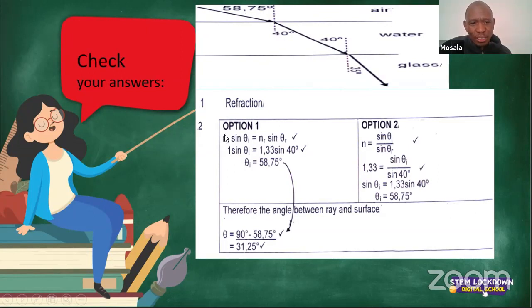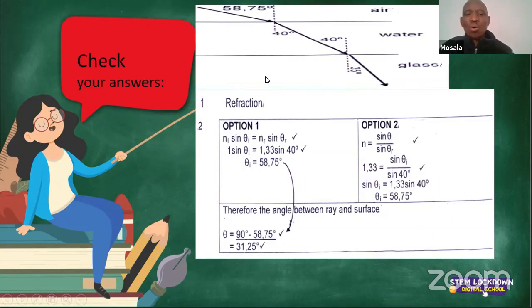So we substitute the refractive index of air, and the angle of incidence here is unknown, which equals the refractive index of water, 1.33, times the sine of the angle of refraction, 40 degrees. We substitute it, and we obtain theta equals 58.75.